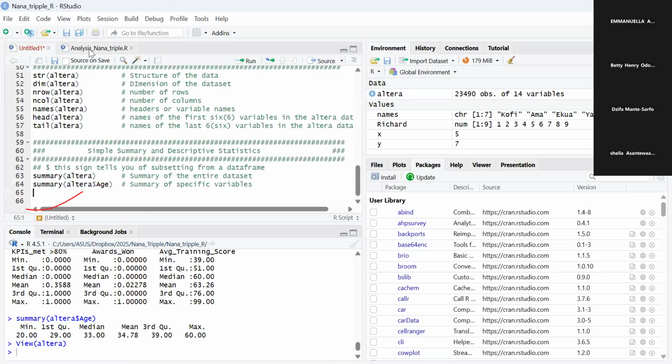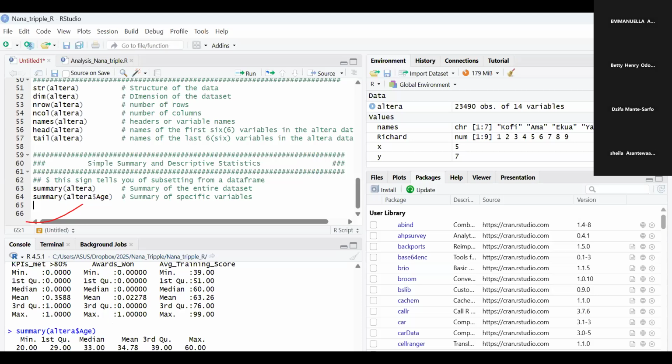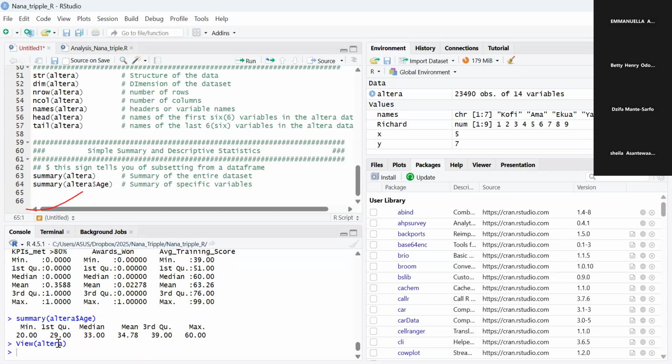Now, that is one way of viewing the data. And you see that once I click on that, if you look down here, it says view. You can copy the view and paste it. I don't like putting views there simply because anytime I'm running a command and there is view here, it will open it and stop my command running. Then I have to come and click and continue my command.